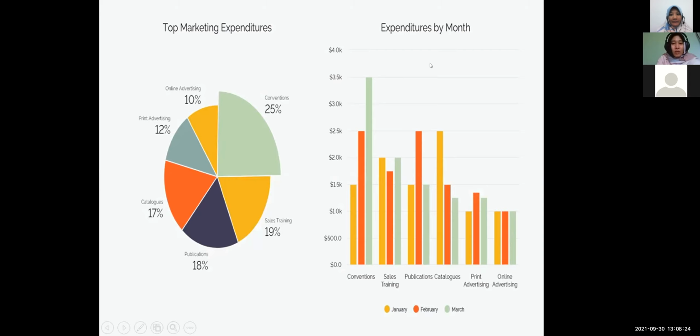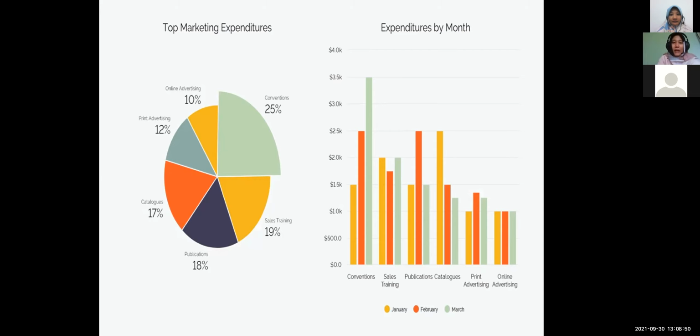For the table chart is about expenditure by month, until January, February, and March, about convention, sales training, publication, advertisement, and online advertisement.